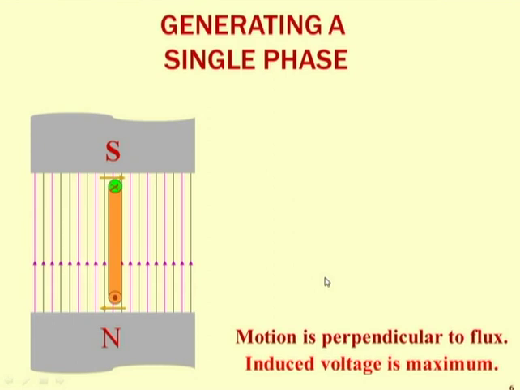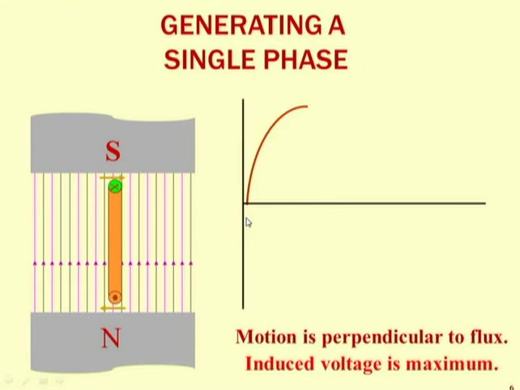But here the motion is perpendicular to the lines of flux, so the induced EMF is maximum. As per our expectation, if we draw the graph again, at 90 degrees we get the maximum amount of induced EMF.